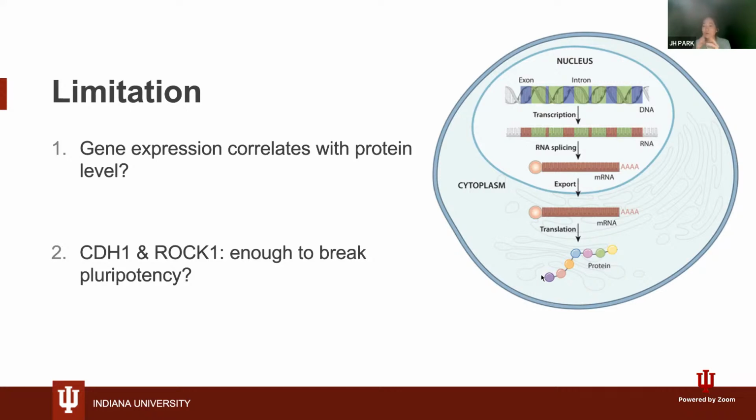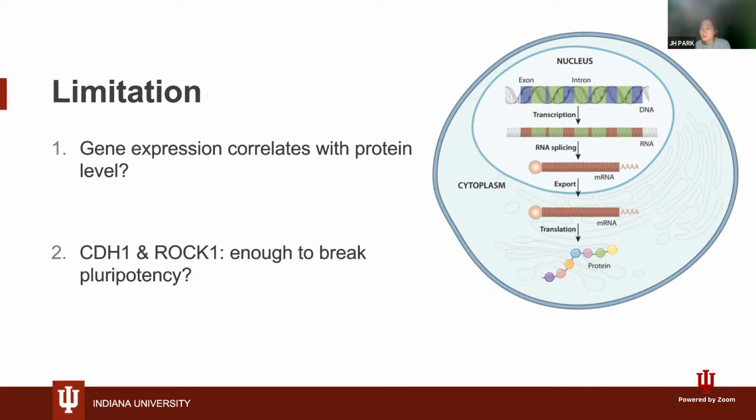But genome-wide correlation between expression levels of mRNA and protein is very poor. It's around 40%. So you cannot say that because we knock down the ROC1 gene by 20%, the ROC1 protein is expressed 20% less. We cannot exactly say that.